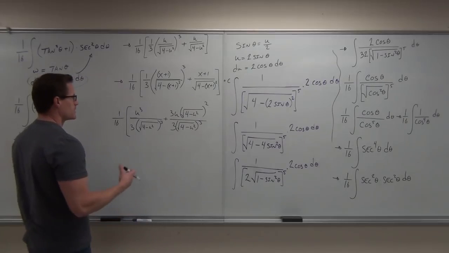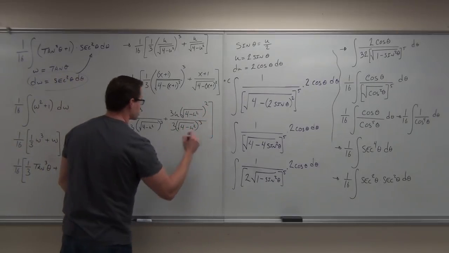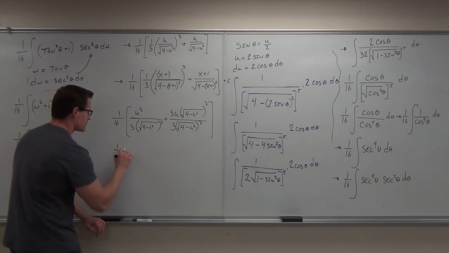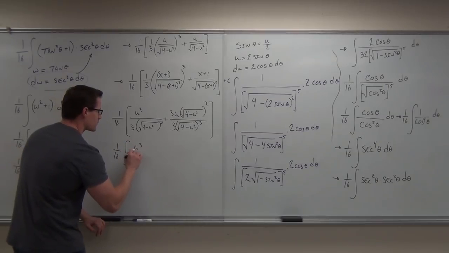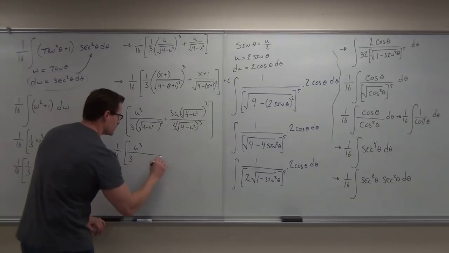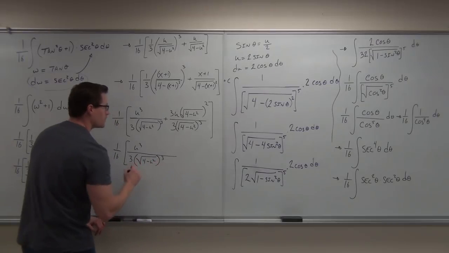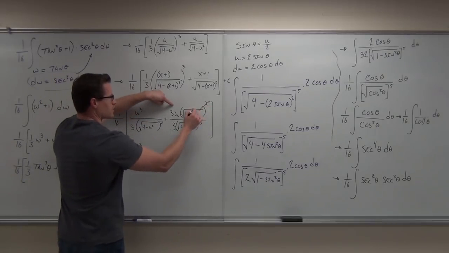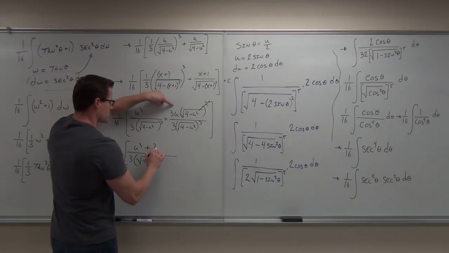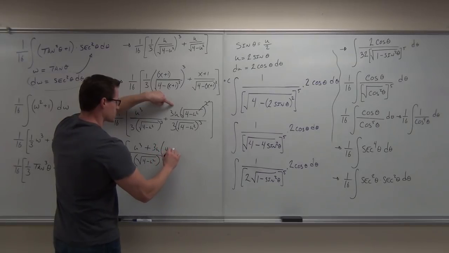After that, you do a little bit of simplification. We'd get 1/16. We'd get u to the third. You'd get 3, bunch of junk, to the third. This right here, square and square root are gone. We get plus 3u times 4 minus u squared.